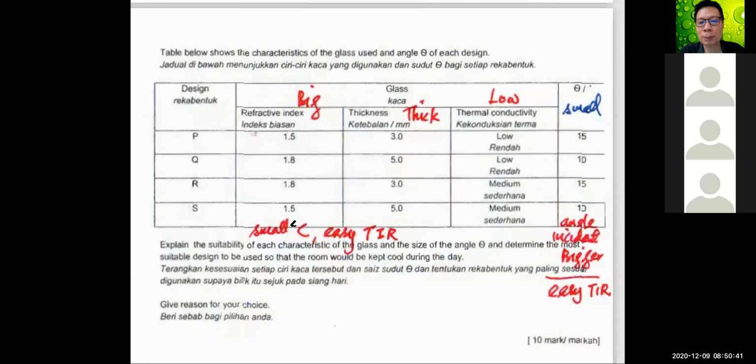With a smaller critical angle, it is easy to have total internal reflection. We choose bigger refractive index because the critical angle is small, so total internal reflection happens easily. That's the reason. The second one, the thickness: we choose the thicker one.